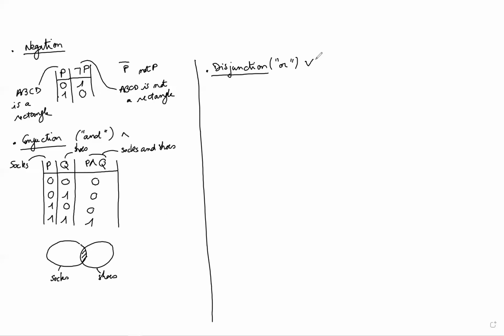When you say in math that you can have cheese or dessert, it means you can have cheese, or you can have dessert, or you can have both, right? Let's keep that example. So P will be "I have cheese", Q will be "I have dessert".